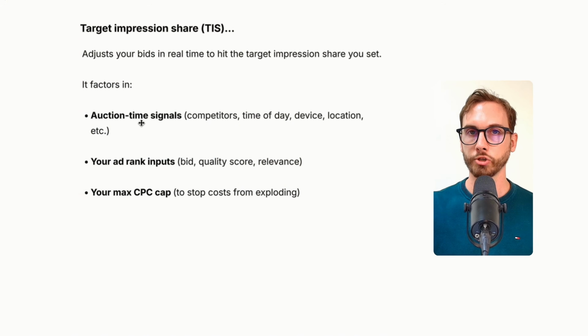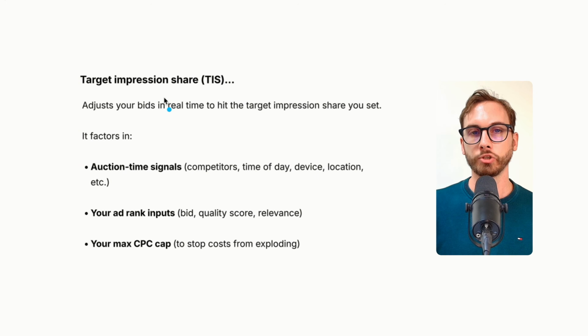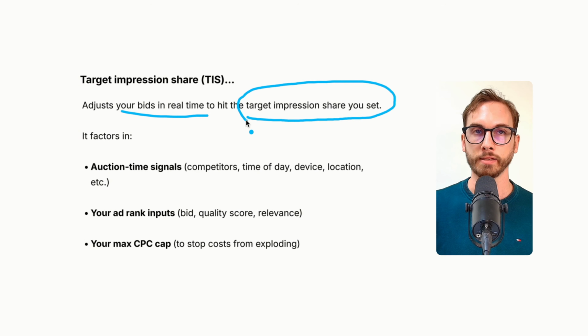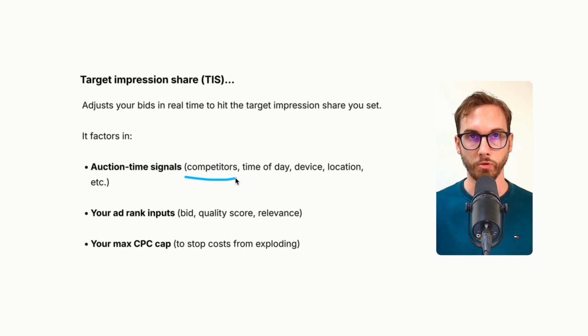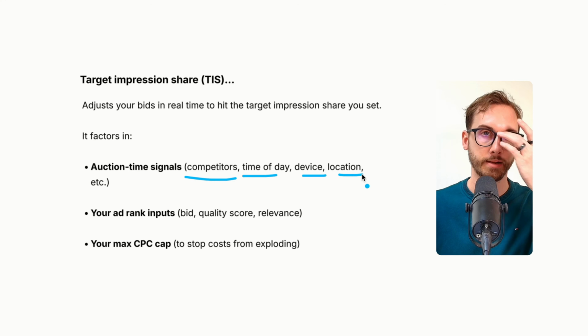The way that the auction works, or the algorithm, is that it will adjust your bids in real time so that it hits your target that you've set inside of those options that I shared with you. And it factors in your auction time signals, so how many competitors are bidding on that single auction right now at this time of the day, and on this particular device, and in this location. Like there's a lot of different factors outside of your control.